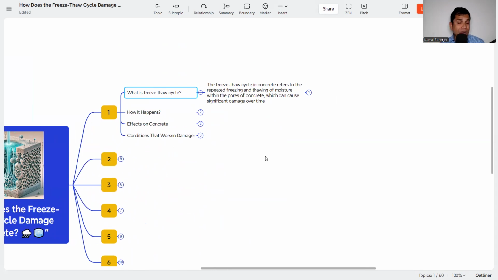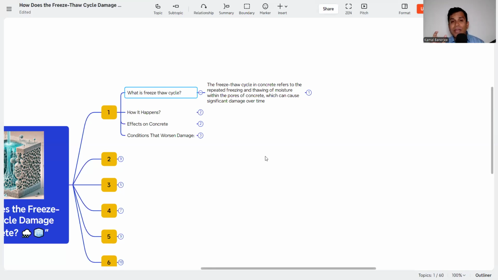This repeated cycle of freezing and thawing can cause significant damage over time. Now, why does it damage concrete? Because it is a repeated cycle, freezing, thawing, and again freezing. Whenever this phenomenon happens inside the concrete, it damages the concrete.